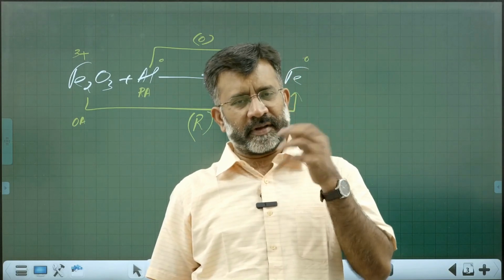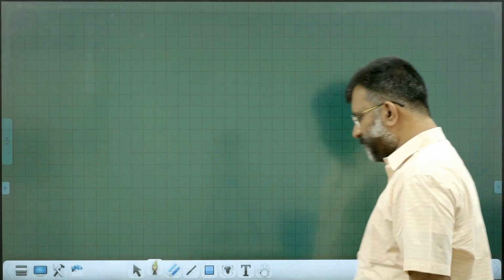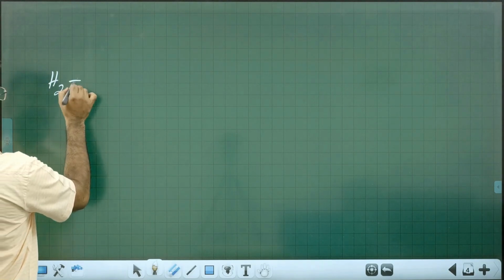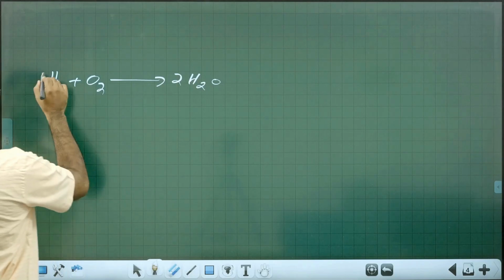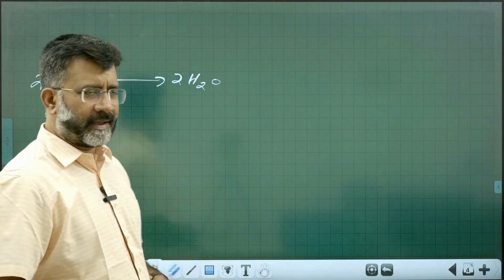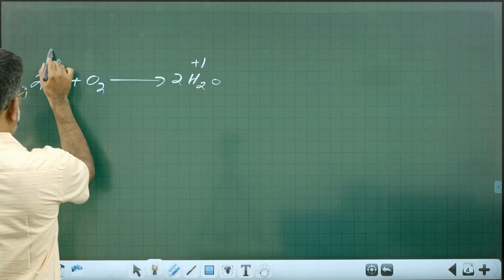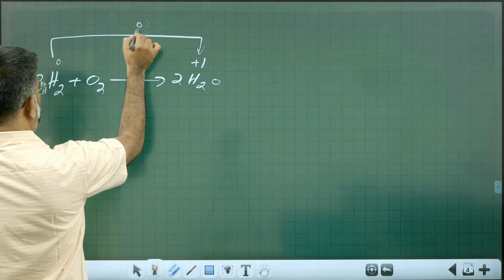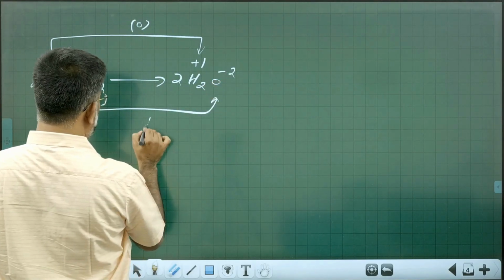Now there are a variety of redox reactions. If you take a simple example, hydrogen plus oxygen giving water, 2H2 plus O2 giving 2H2O. This is a redox reaction where hydrogen 0 is converted to +1, that is oxidation, and oxygen 0 is converted to -2, that is reduction.